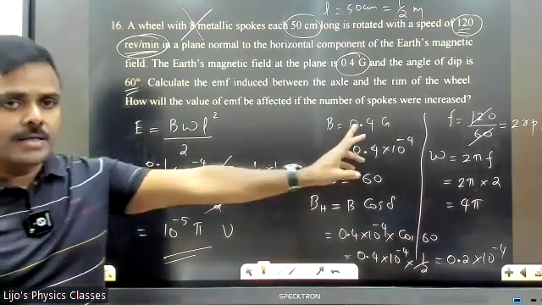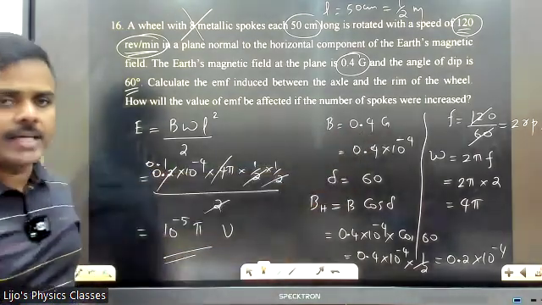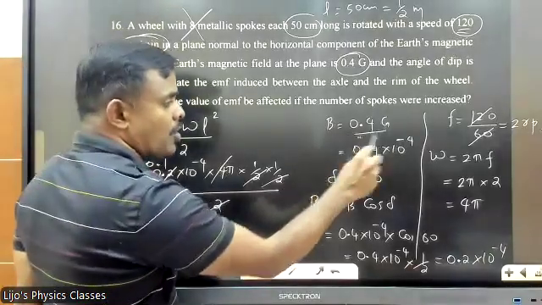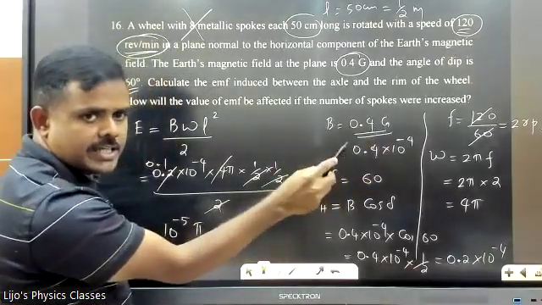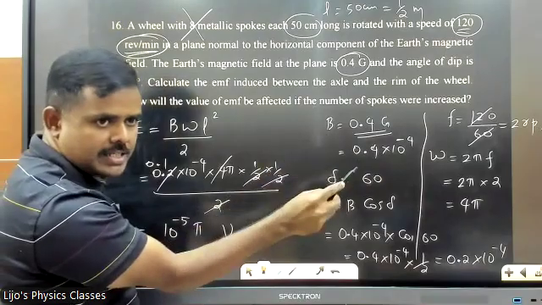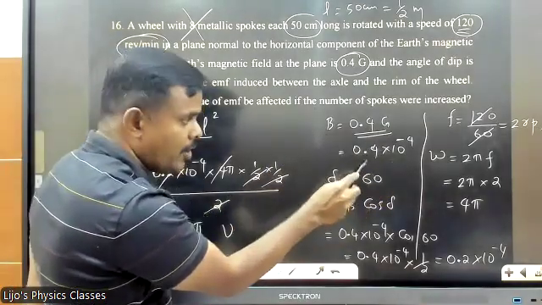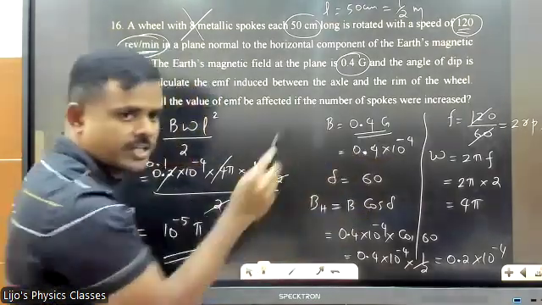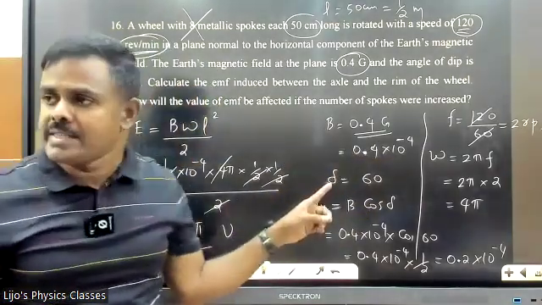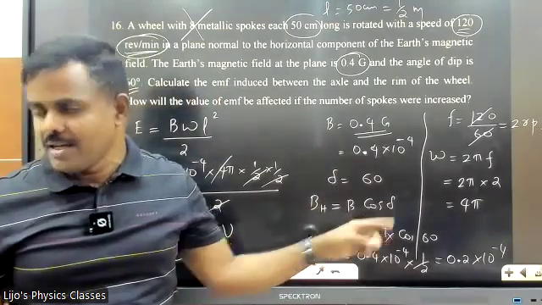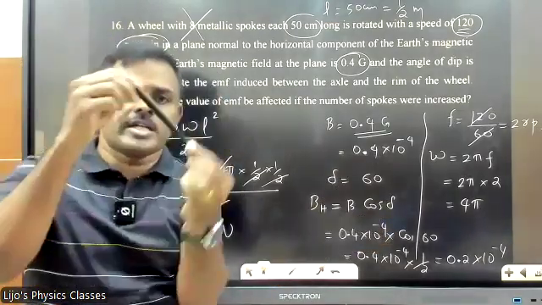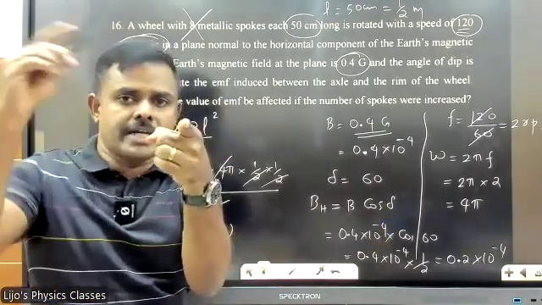Look at this. Magnetic field is given, 0.4 Gauss. Gauss is the CGS unit. Yesterday I told you Gauss is 10 raised to minus 4. 0.4 into 10 raised to minus 4 Tesla. Then dip angle is given, 60. I said cycle wheel questions, horizontal component is cut, right?